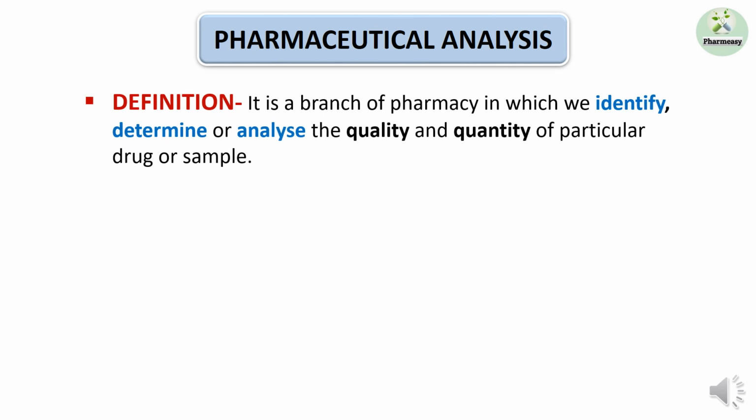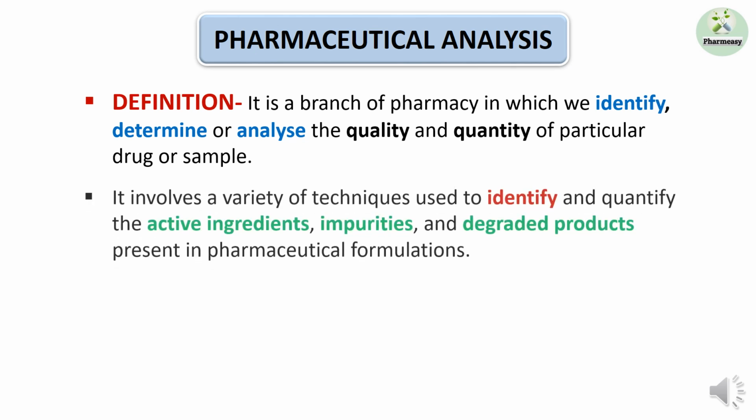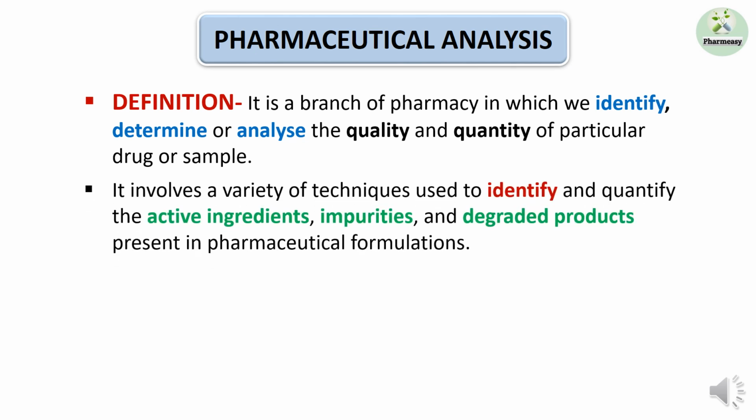Pharmaceutical analysis is a branch of pharmacy in which we identify, determine or analyze the quality and quantity of any particular drug or sample. And pharmaceutical analysis involves a variety of techniques which are used to identify and quantify the active ingredients, impurities and degraded products present in pharmaceutical formulations.